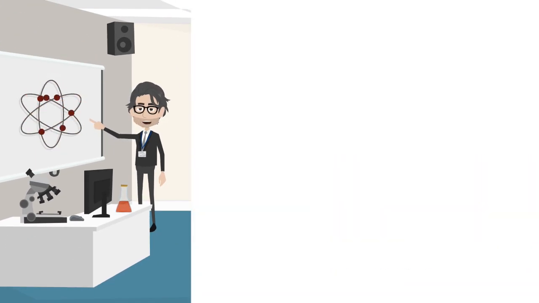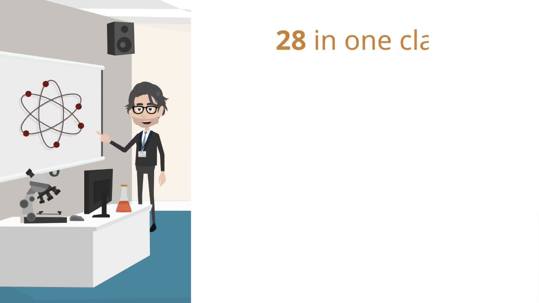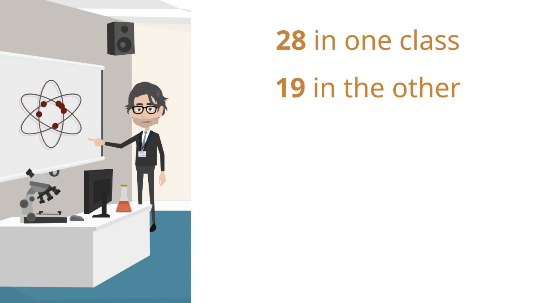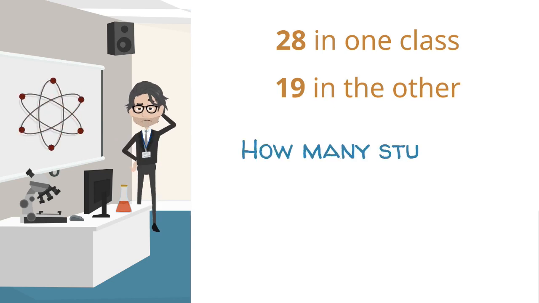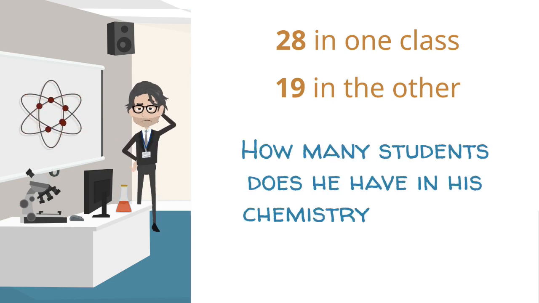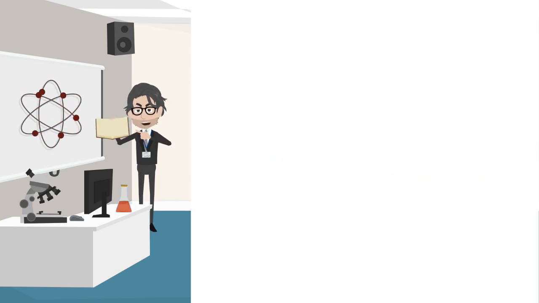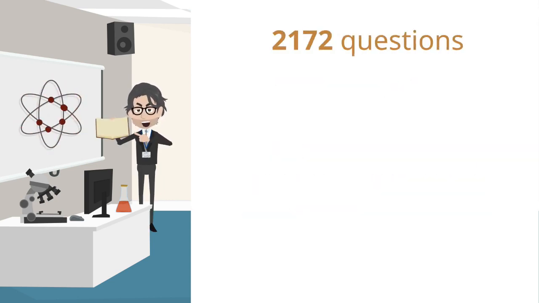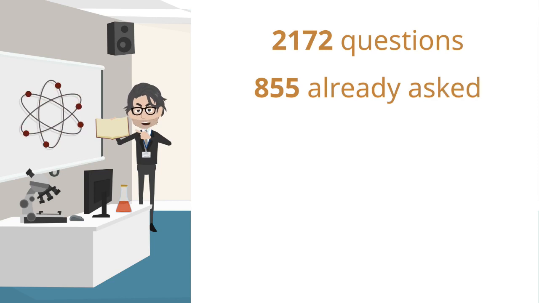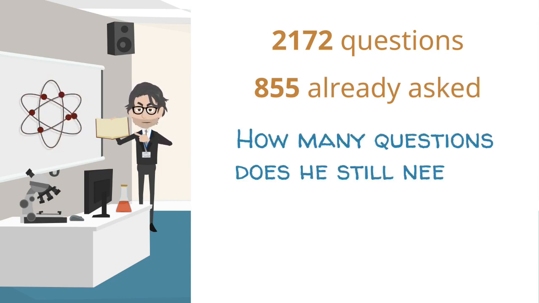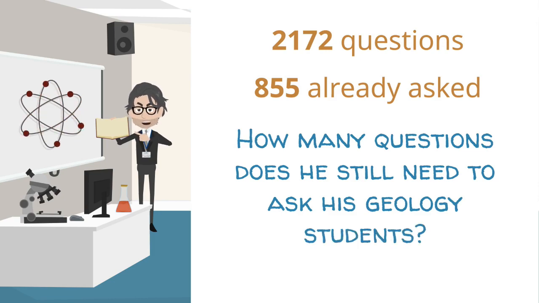He teaches chemistry to two classes. One class has 28 students and the other has 19. How many students does he have in his chemistry classes? He planned to ask 2,172 questions to his geology students. He has already asked 855 questions. How many questions does he still need to ask his geology students?